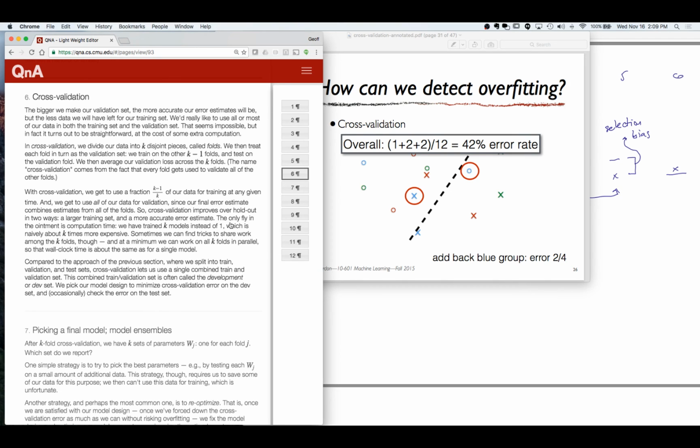Computation time could be a problem because we're training k models instead of 1, but sometimes there are tricks that let us share effort, and at a minimum, we can fire up k instances on Amazon EC2 and get all of our k training runs to finish in the same time as just 1, because it's embarrassingly parallel to run the folds.